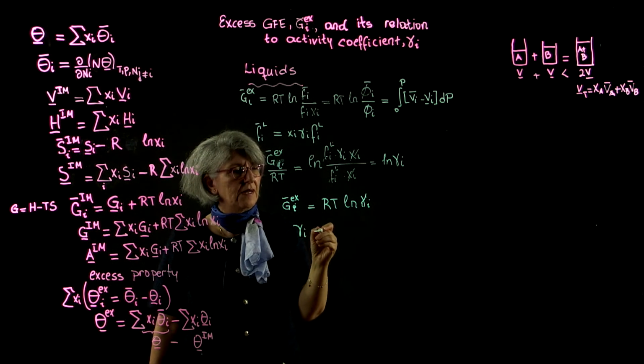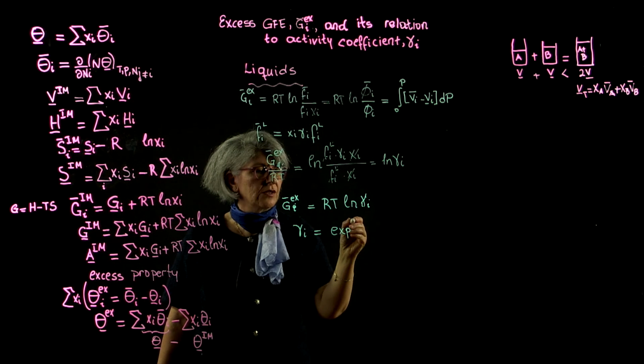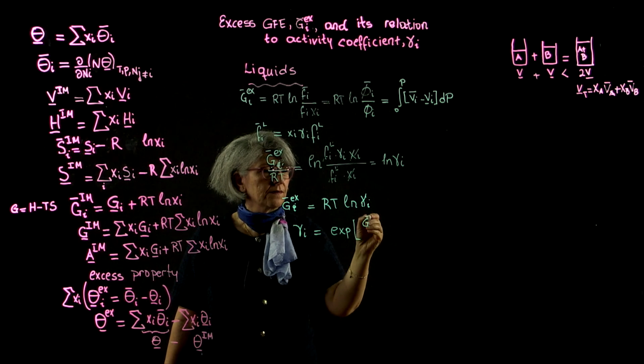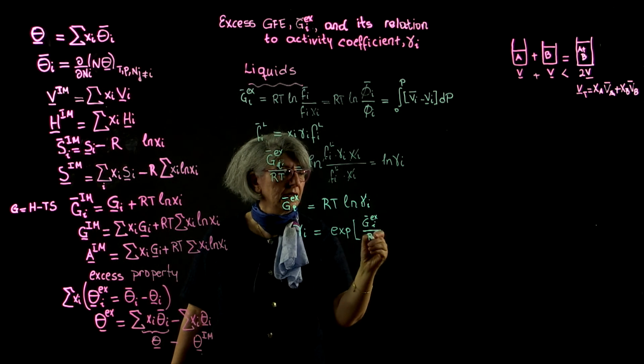Or gamma I is going to be equal to exponential of the excess Gibbs free energy divided by RT.